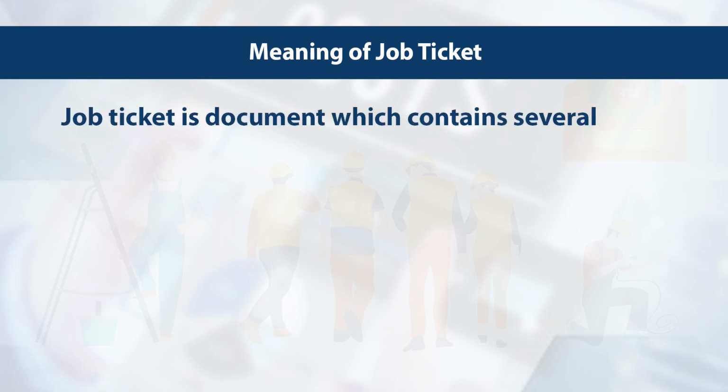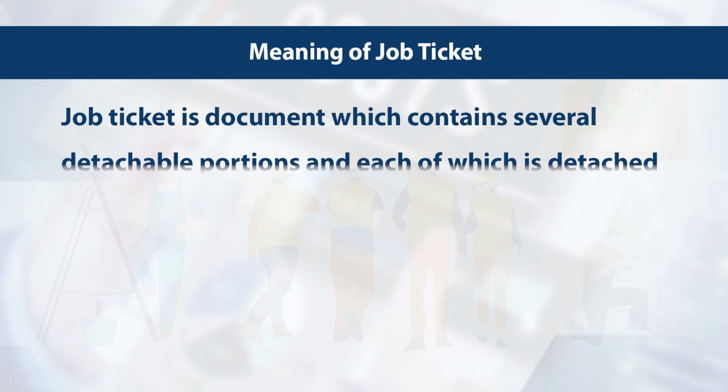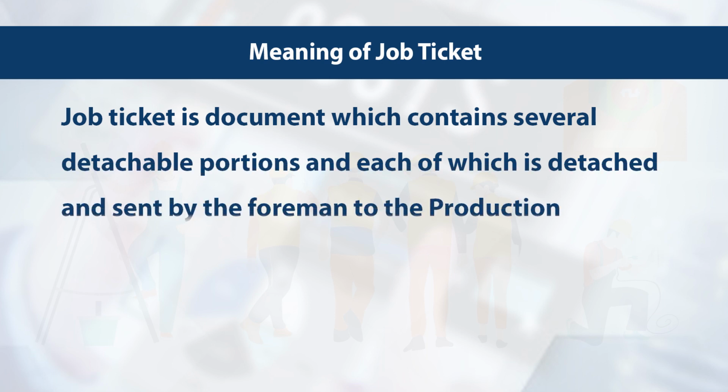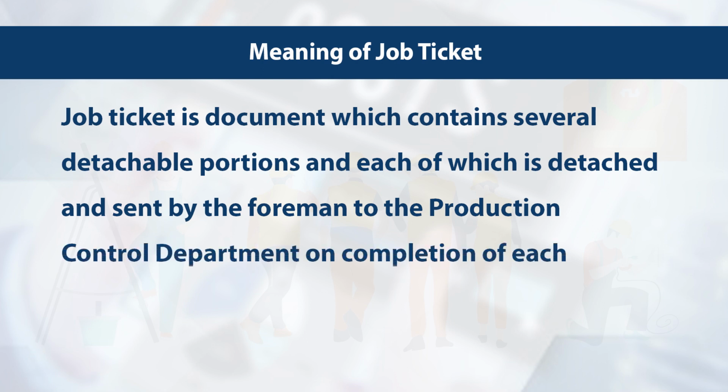A job ticket is a document which contains several detachable portions, each of which is detached and sent by the foreman to the production control department on completion of each operation of a job.